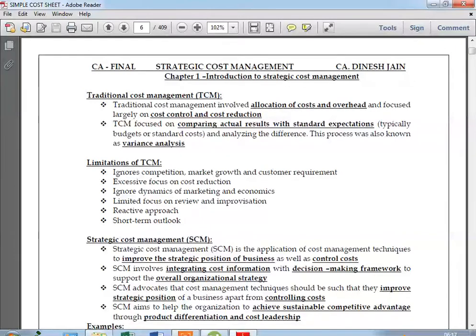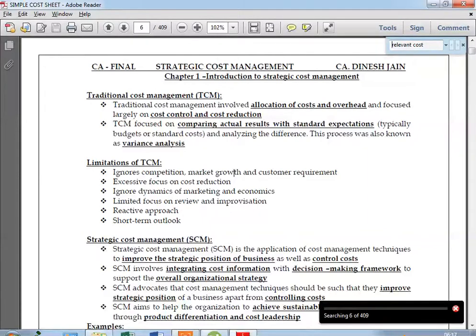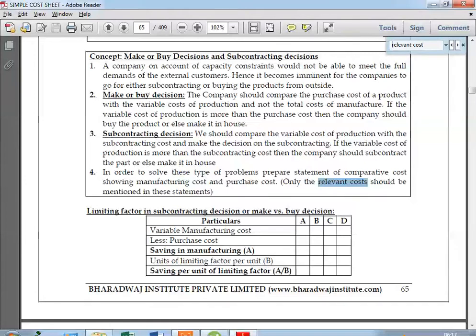Now, coming to relevant costing, the definition of a relevant cost is: a relevant cost is one which is expected to be a future cost. The main thing is it has to be a future cost and it should change between alternative courses of action. Relevant cost is a future cost.